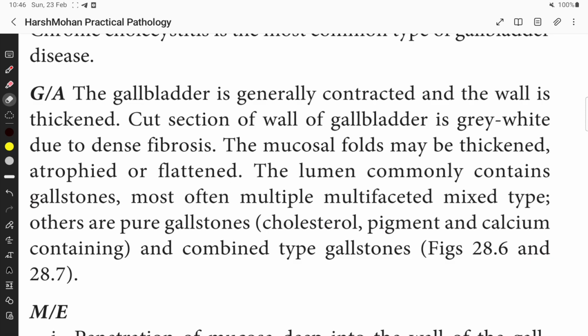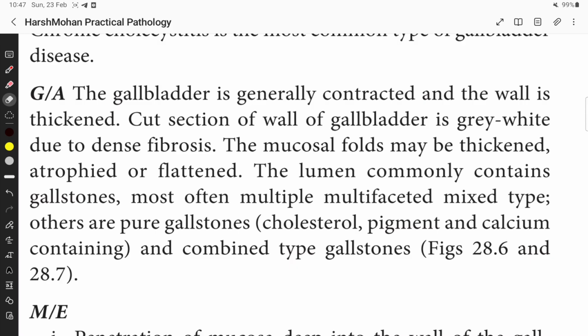The mucosal folds may be thickened, atrophied, or flattened. The lumen commonly contains gallstones, most often multiple multifaceted mixed type.